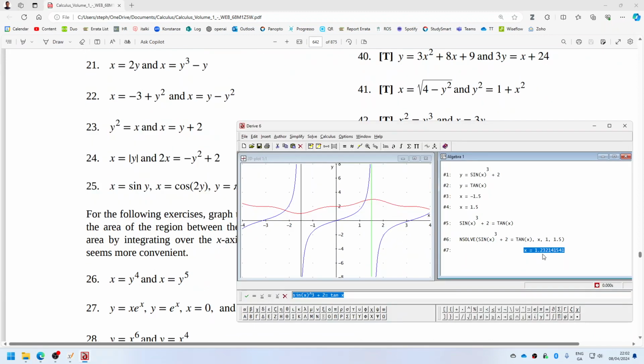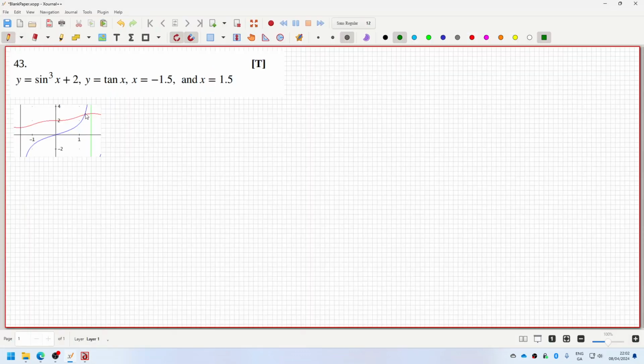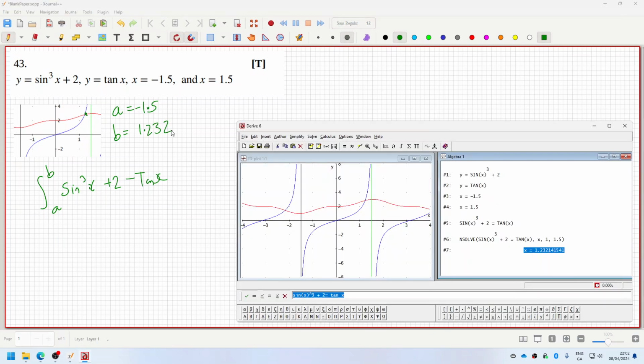So that's 1.232 in the picture here. So it's the integration of sine cubed x plus 2 minus tan x from a to b, where a is minus 1.5 and b is 1.232.